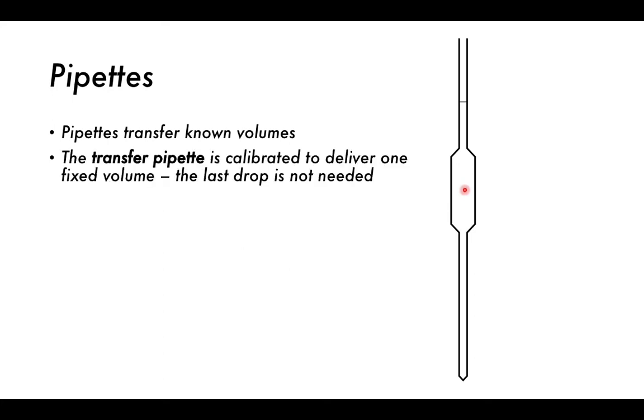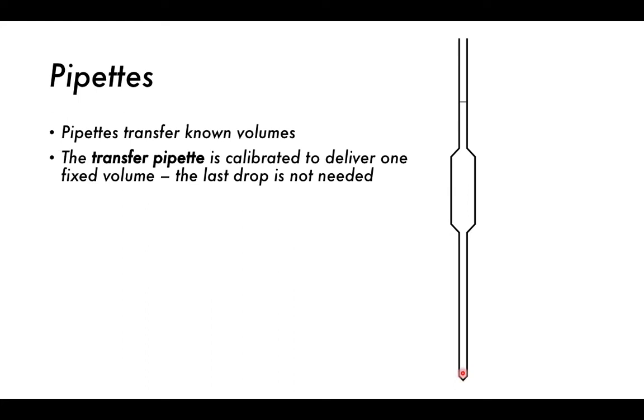So this is a transfer pipette, and it is calibrated to deliver one fixed volume, and the last drop is not needed. Oftentimes whenever we pipette in the volume from one place and then transfer it to another, we pipette to this graduation line. Whenever we expel the liquid, or deliver it to its new container, there will often be a small drop in the bottom.